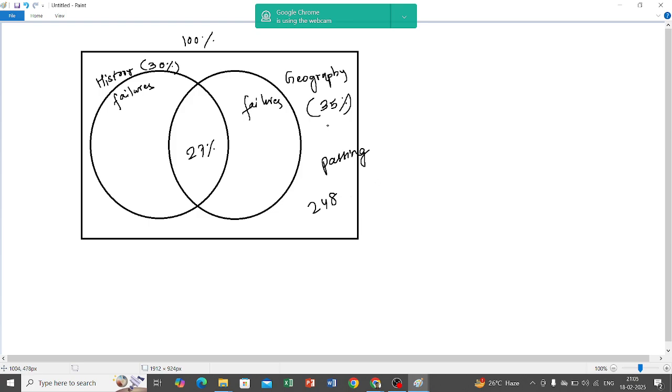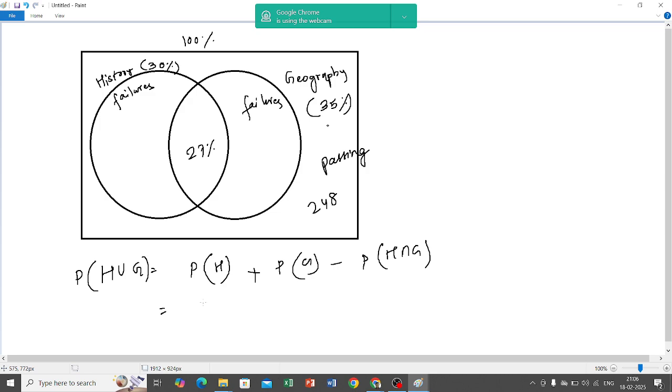So what can we do? We can find out the percentage of people who have failed in either history or geography. That means H union G. H union G, that is going to be what? P of H plus P of G minus P of H intersection G. What is P of H? 30%.